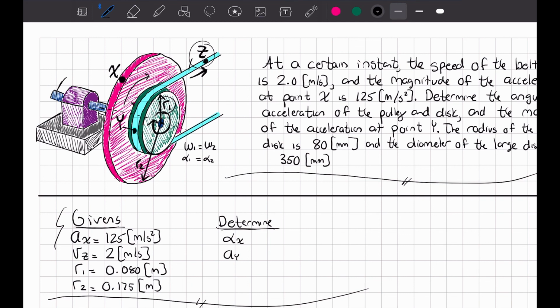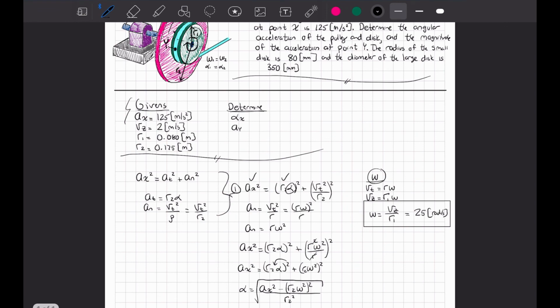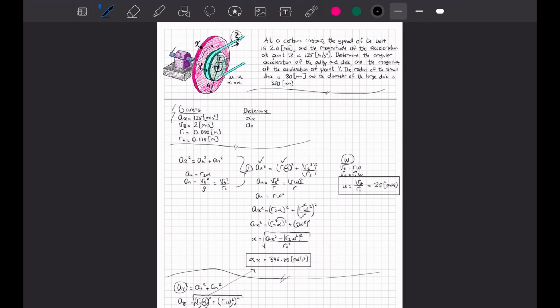And because the pink pulley and the pink disk and the green disk are constrained, that is, they are physically interfacing with one another, they have to have the same angular velocity and acceleration. And by recognizing that key idea, we are able to more or less just plug and chug with our given equations for rigid bodies.